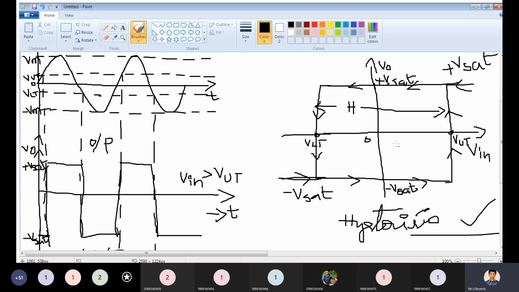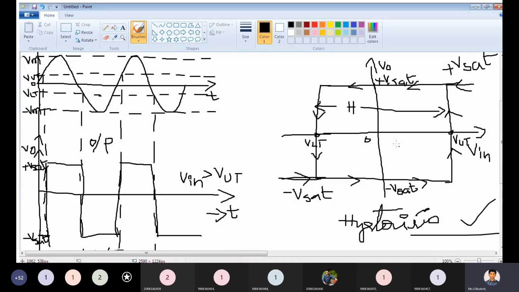Then multivibrators and voltage regulators; once those two topics are completed, this second unit will be over. Now we are going to start frequency doubling.